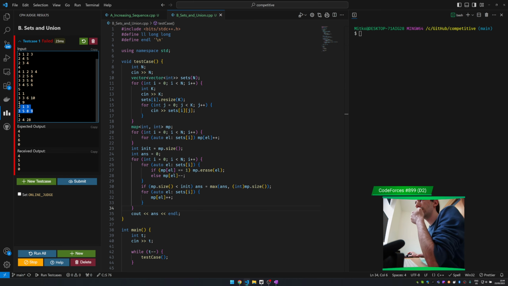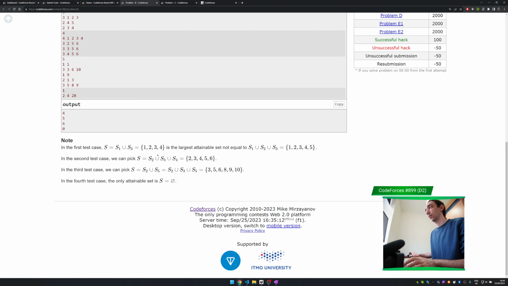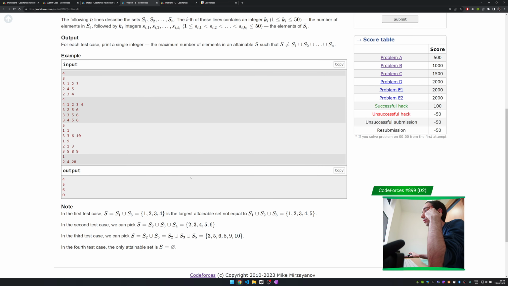But here, what do we do here? Oh, can we delete more? I mean, we can delete more, but is it optimal?